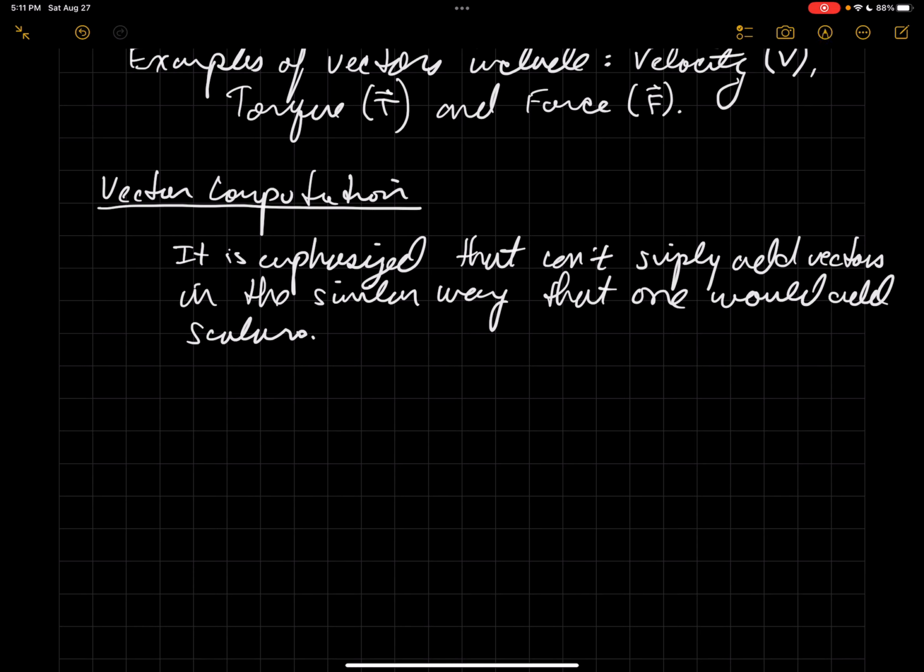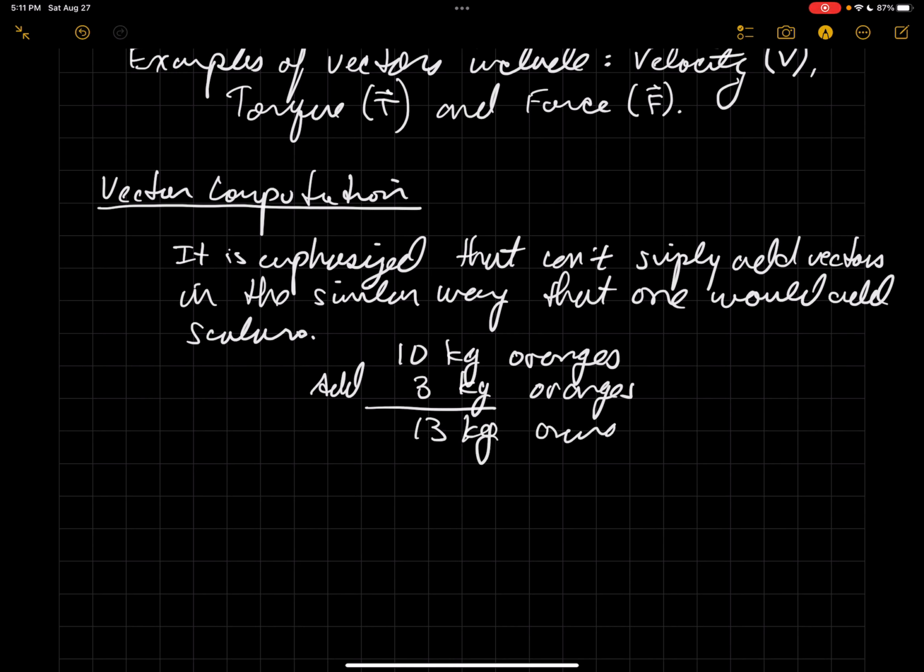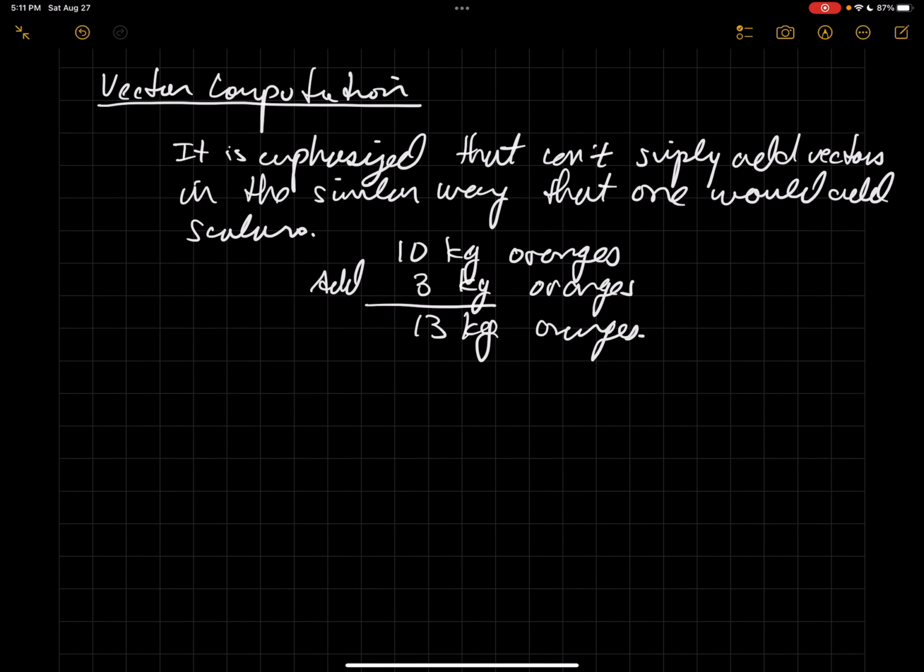So, for example, if you had 10 kilograms of oranges in a bag, and then you were to add 3 kilograms of oranges to that bag, you would then have 13 kilograms of oranges in your bag. Remember that mass is a scalar, and so you take 10 plus 3 with simple arithmetic addition, and you get the result of 13 kilograms. But we can't do that with a vector, okay?